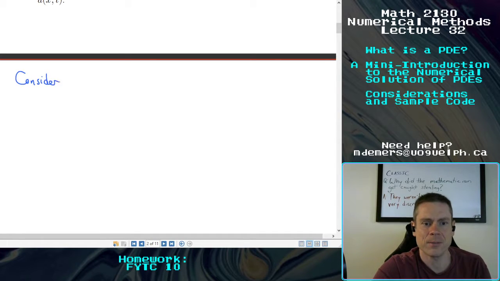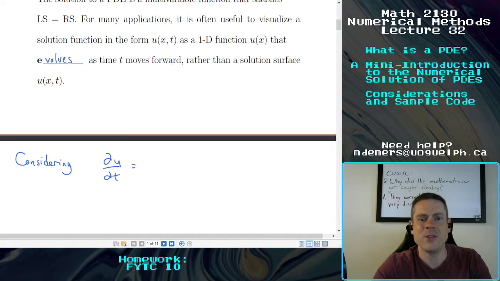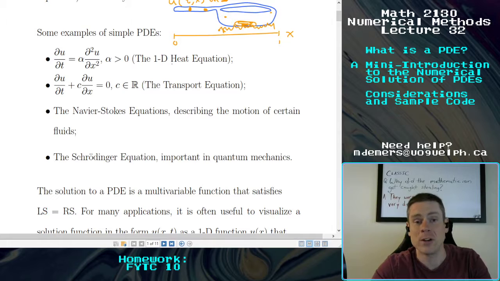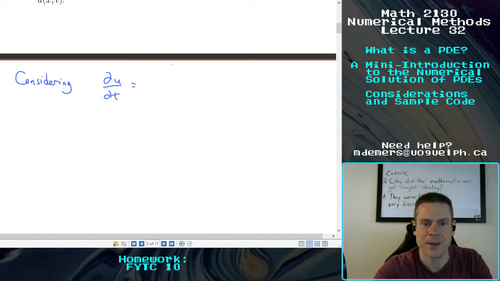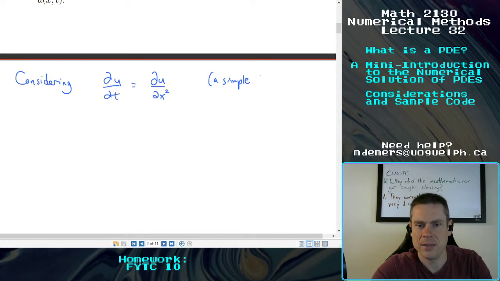So let's do some special drawing here. Considering du/dt equals alpha d squared u/dx squared. I'll let alpha be 1 here just for the sake of simplicity. I'm going to put just the second derivative with respect to x here, a simple heat equation.